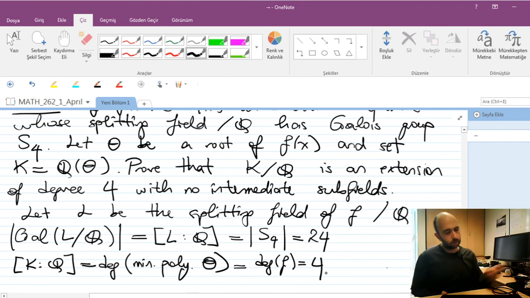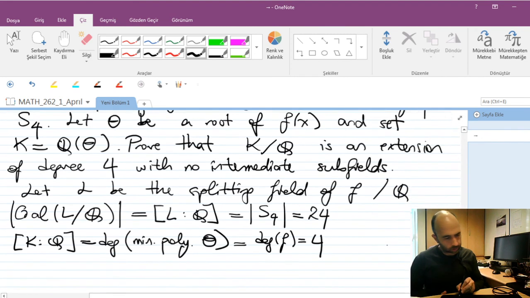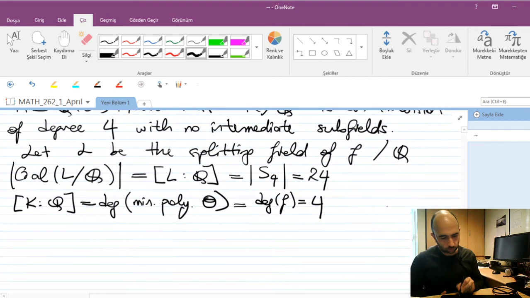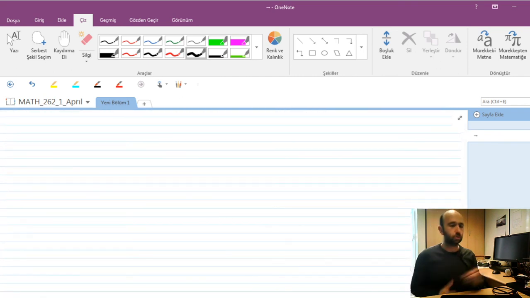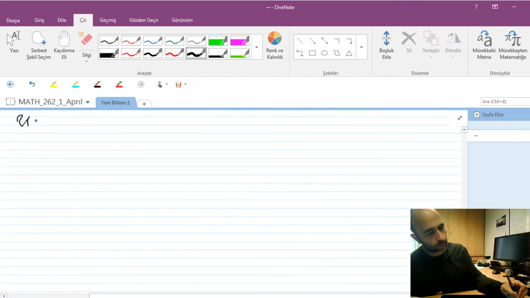So the splitting field is of degree 24 over Q, but K is degree 4 over Q. Now, in order to answer this question, let's just draw the lattices and use the Galois correspondence.